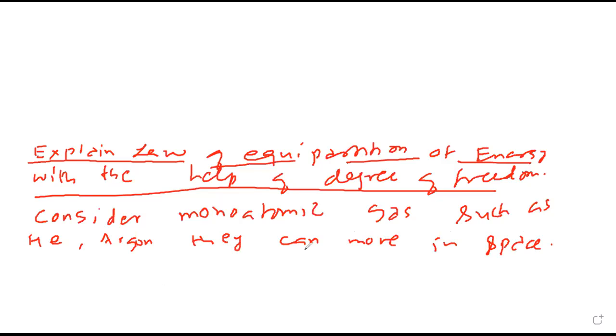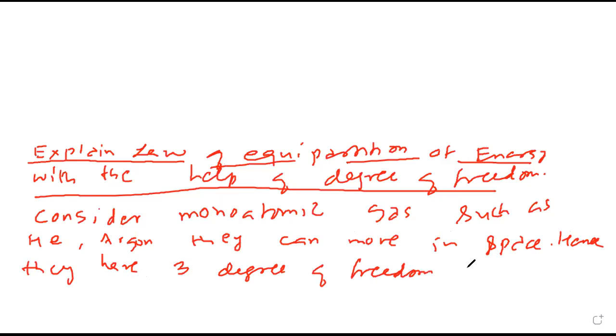That means they can move along x-axis also, y-axis also, z-axis also. Hence, they have free degree of freedom due to translational motion.